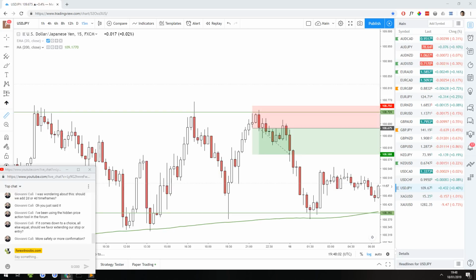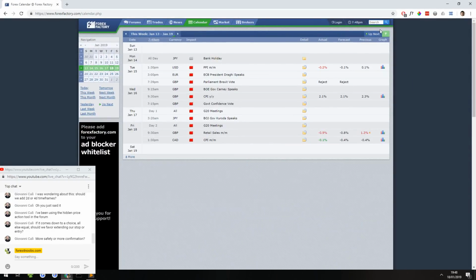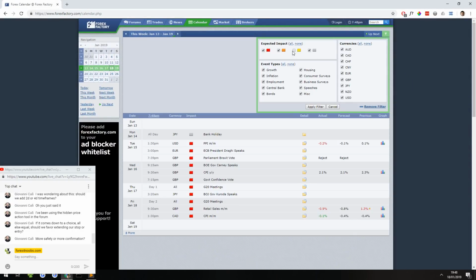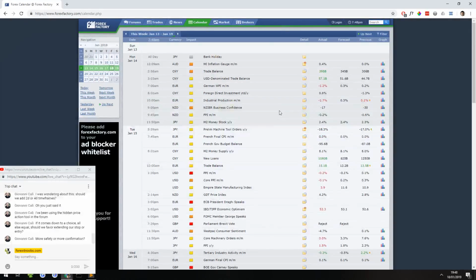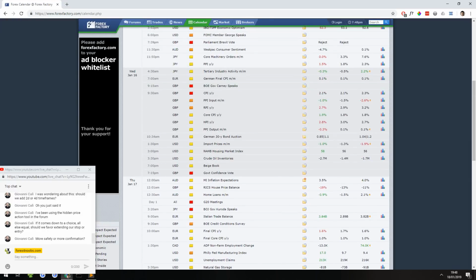It's really, really easy. When you go to Forex Factory, I filter out all the yellow reports because they're not really that important, and all the orange reports. But if you filter them in, you can see how many reports there are. Now, these reports, trading the 8-hour, trading the 4-hour, trading the daily, they mean nothing to us. The biggest spike they're going to cause is going to be like a few pips.